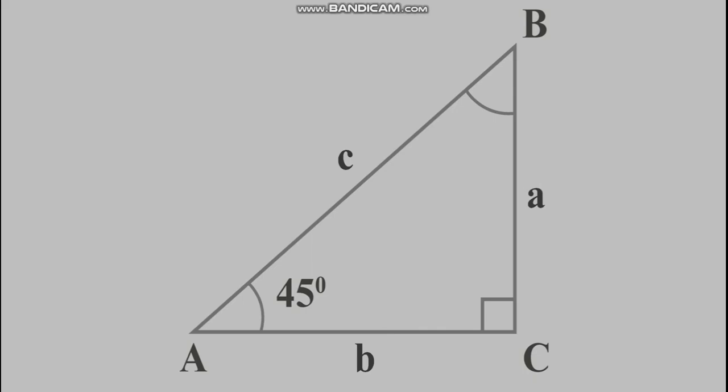In a triangle, if two angles are equal, then we can say it is an isosceles triangle, and the sides opposite to equal angles are equal. So here, since angle A and angle B are equal, the side opposite to angle A, that is BC, and the side opposite to angle B, that is AC, are equal.